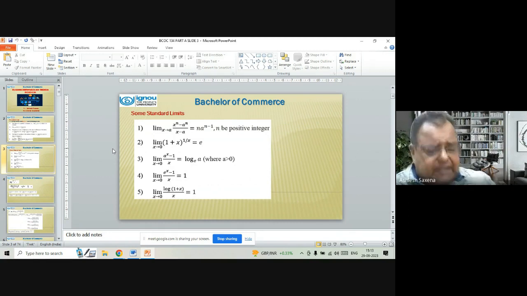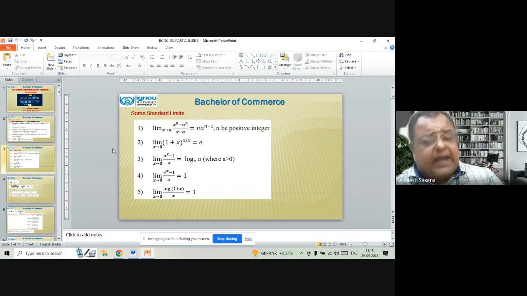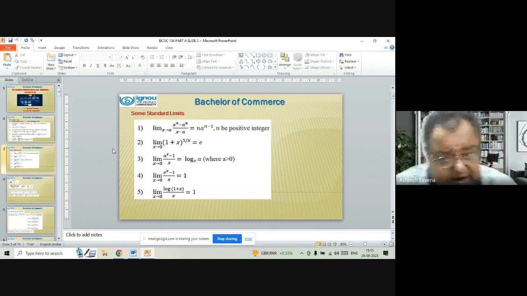If we have limit x tends to 0, (e raised to the power x minus 1) upon x, its answer will be 1. The fifth one is limit x tends to 0, log(1 plus x) upon x, its answer will be 1. These are the 5 standard results. We have to remember these results.